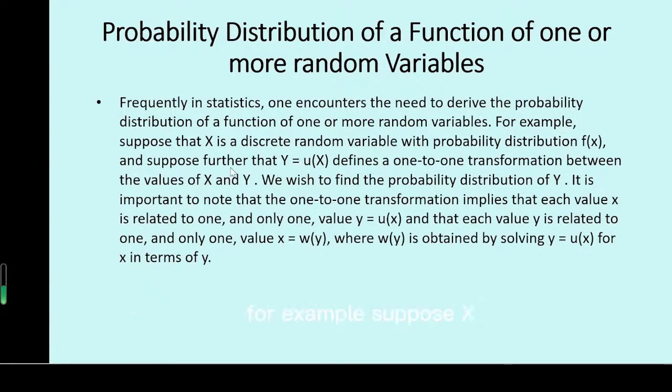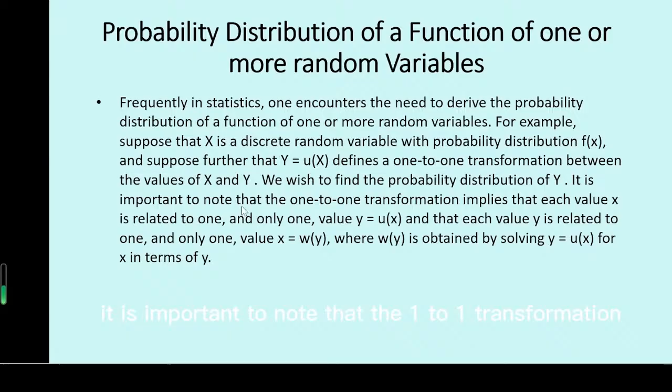For example, suppose x is a discrete random variable with probability distribution fx, and y is a function of x, which we denote u(x), which defines a one-to-one transformation between values of x and y. So now we wish to find the probability distribution of y.